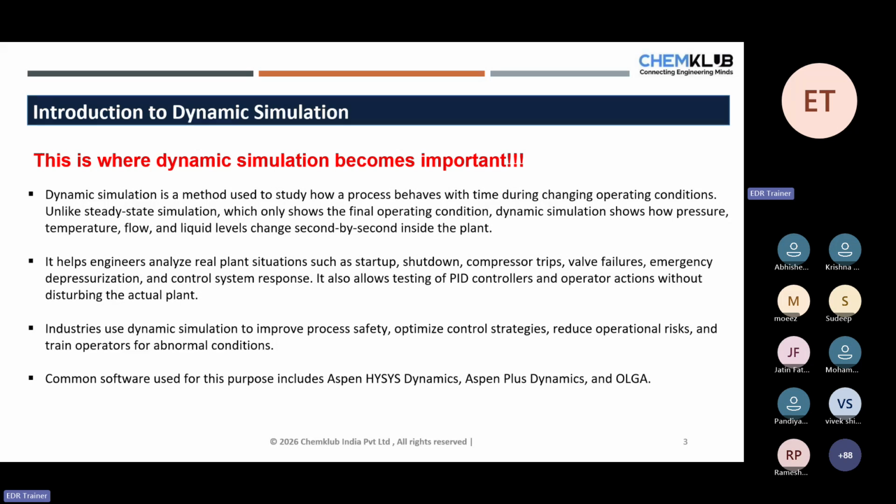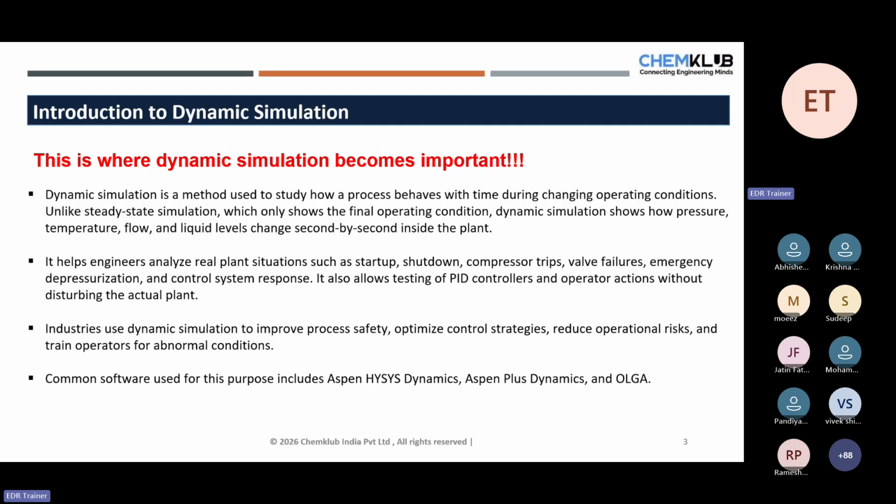Today that awareness is also increasing in India, and that is why we have kept this webinar, to make you understand the importance and how we can do that as a preliminary course.